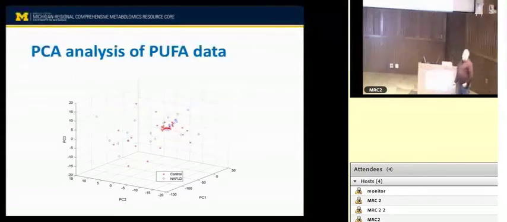If you have 300 compounds, let alone 800 features, it's very difficult to start looking at every metabolite, doing 800 box plots to get a sense of what's going on. That's where principal component analysis becomes very useful because it provides these global insights, interesting patterns in the data.